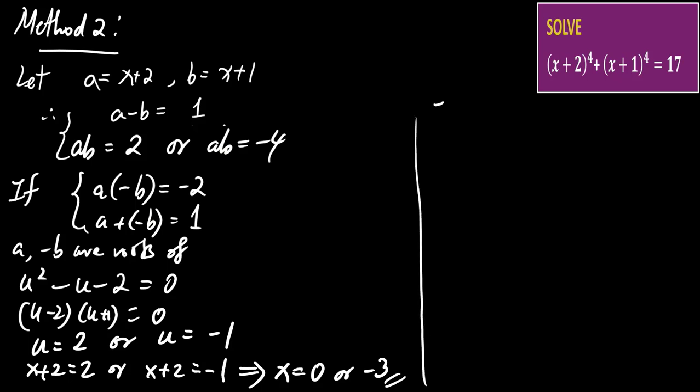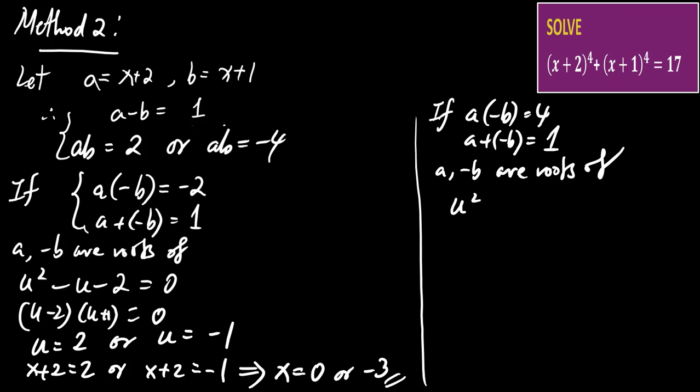On the other hand, if ab equals negative 4, then a times negative b equals 4, and a plus negative b equals 1. With this, a and negative b are roots of u squared minus u plus 4 equals 0. u equals 1 plus or minus the square root of b squared minus 4ac, over 2.